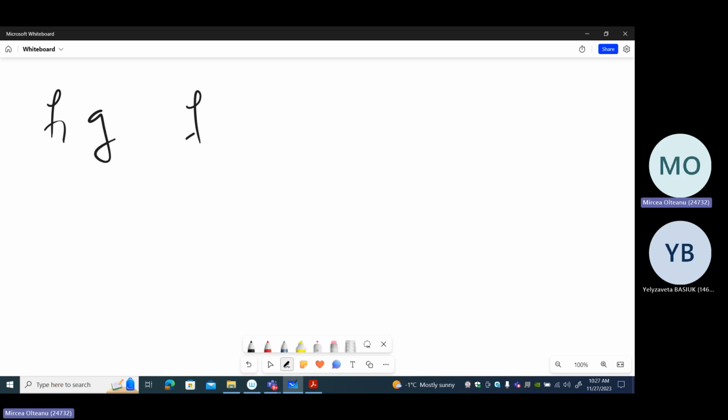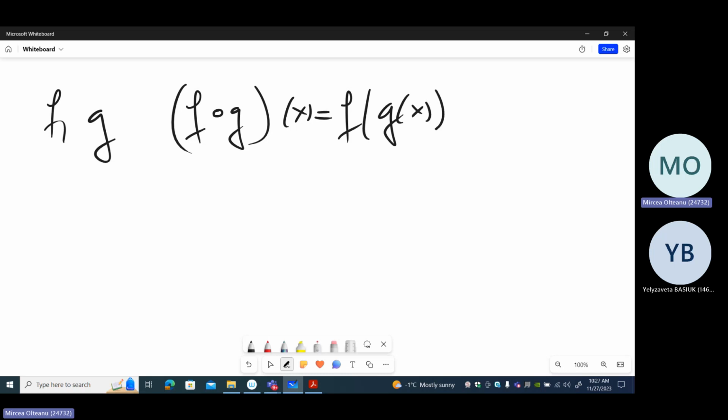It's totally independent. F composed with g at a point x equals, by definition, f of g of x.